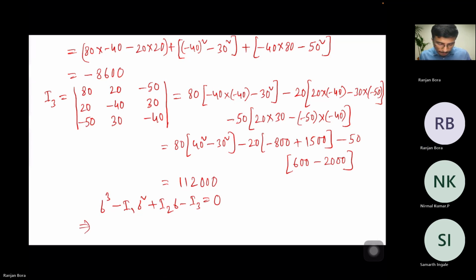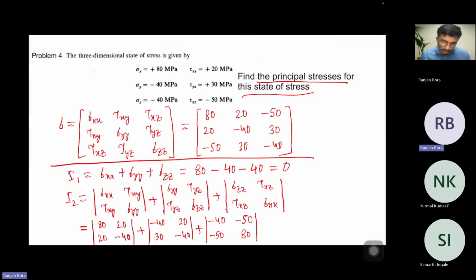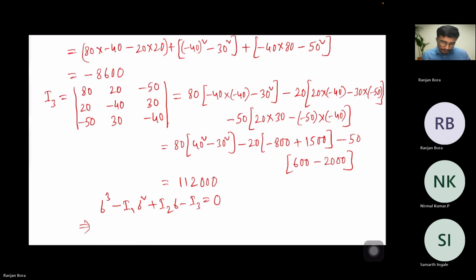So we have got I1 is 0. So it will be sigma cube plus I2, we got minus 8600 sigma, and I3 we got 112000.